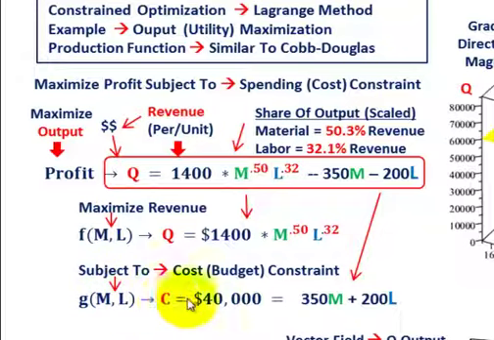We'd have a certain cost amount, that would be our budget, and it would have to be equal to a certain dollar amount of labor and material, and this is our constraint.